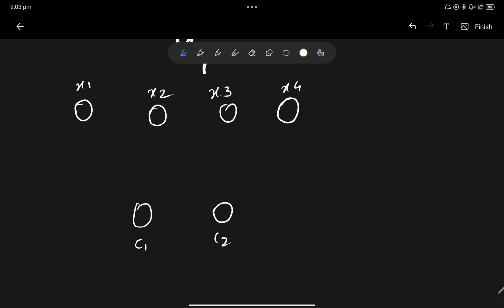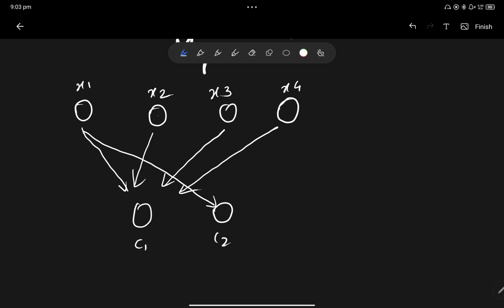The diagram will be given like this: we'll call the inputs x1, x2, x3 and x4, and we have outputs c1 and c2. We have vectors like this and these nodes.